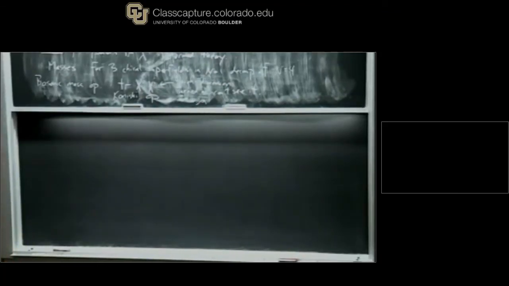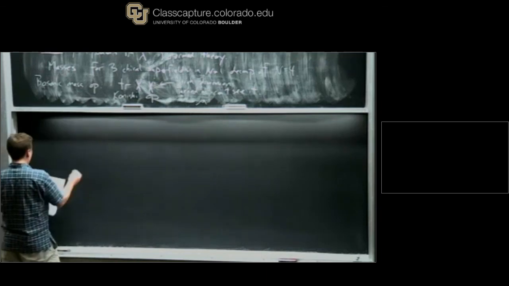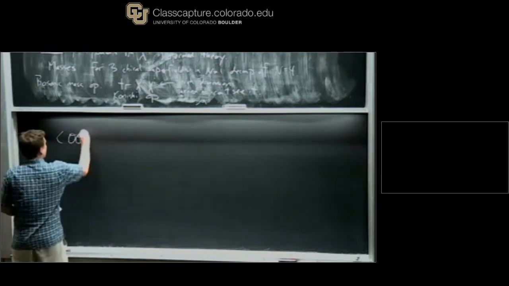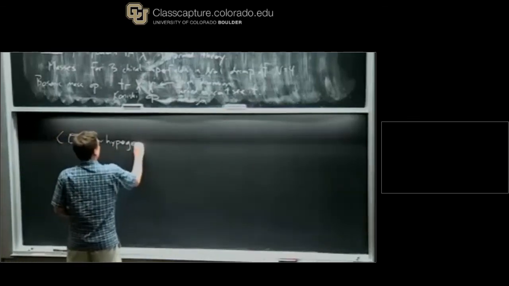So instead of just deforming n equals 4 to a different state, we've turned it into a new theory. And what happens when we do this, so if we calculate some correlators here, we also get hypergeometrics, but they look quite different.